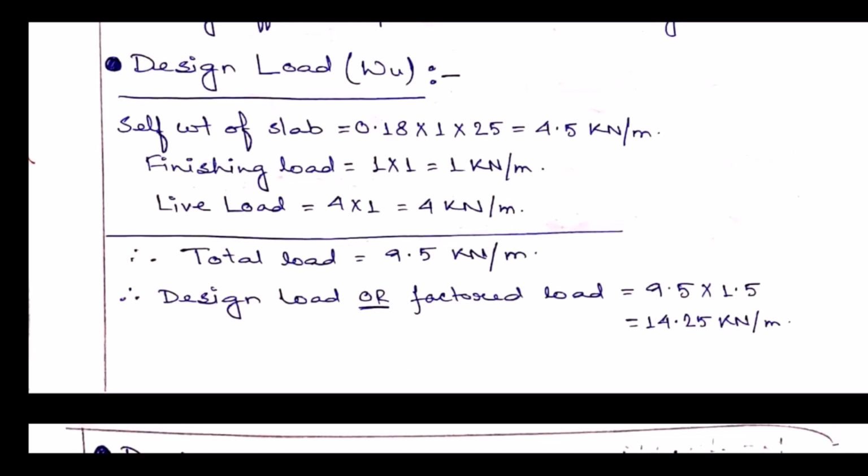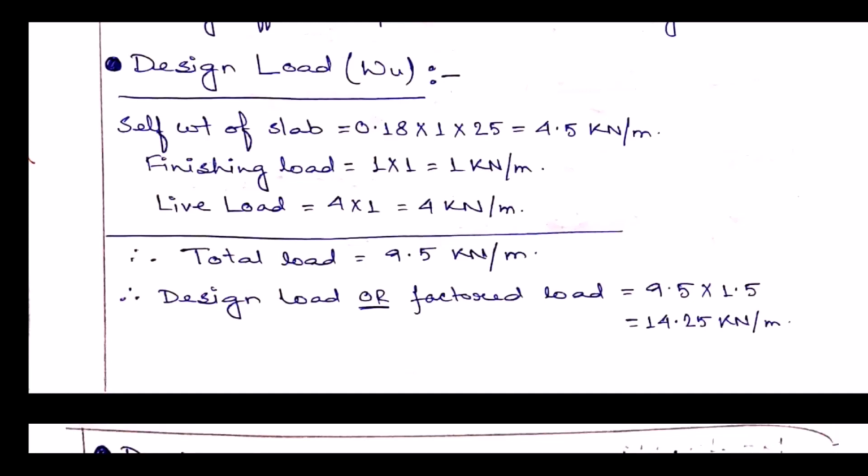Now we have to multiply the load factor, that means the partial safety factor for load, for the combination of dead load and live load, which we can get from table 18 of IS 456 2000, that is 1.5 for the combination of dead load and live load.